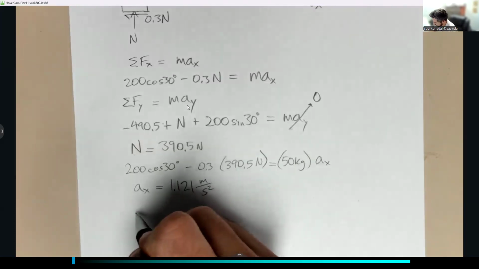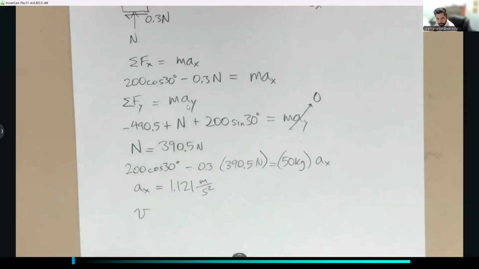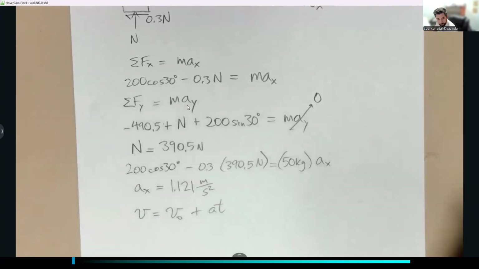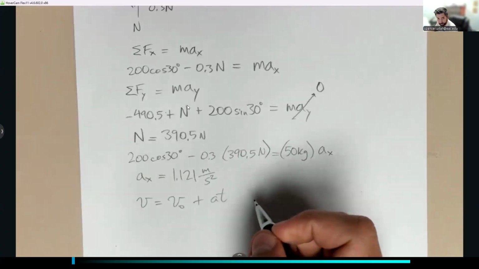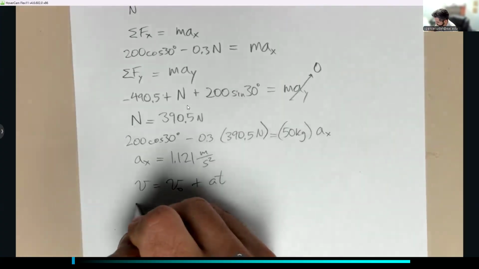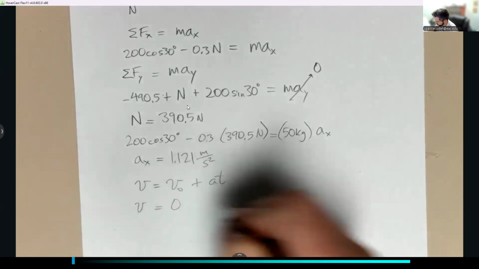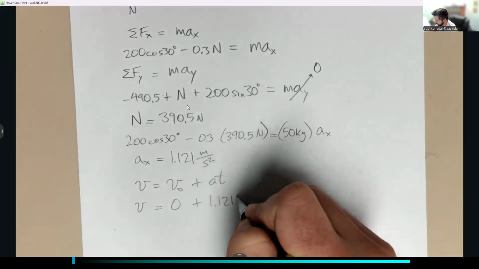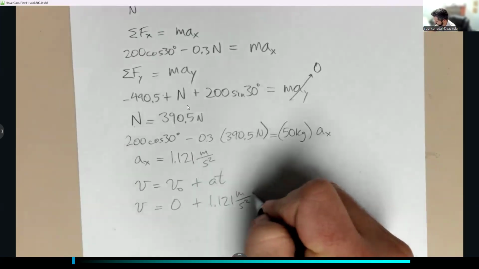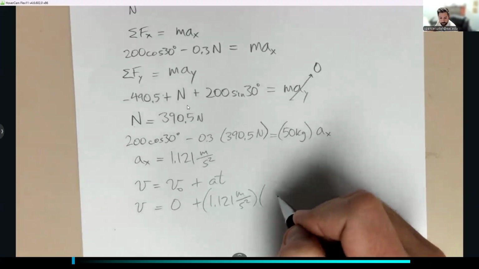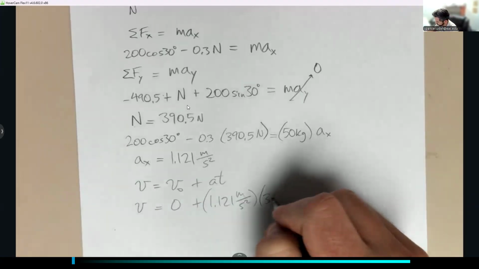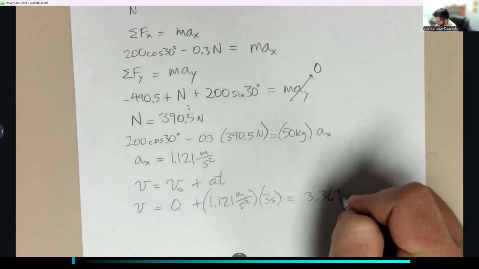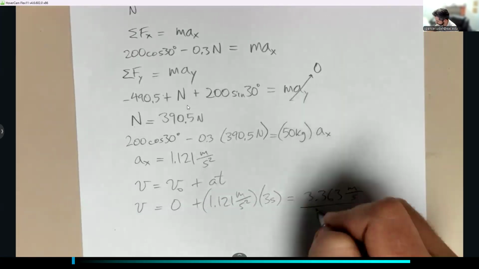The equation that would be useful if we want to find the final velocity v is maybe this one, from our constant acceleration equations. So if we're looking for the final, we could plug in initial velocity of 0, starting from rest, plus 1.121 meters per second squared times t, which they said when t equals 3 seconds. That'll give us a final velocity at t equals 3 of 3.363 meters per second.